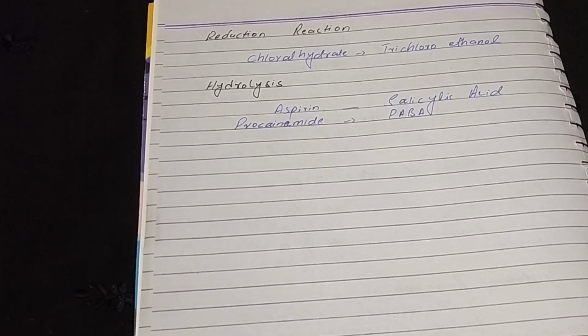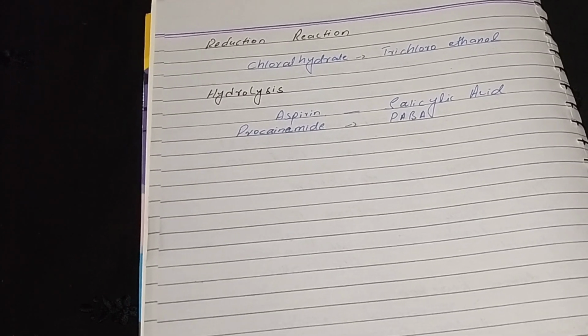For example, aspirin is hydrolyzed by the esterase enzyme into salicylic acid. Similarly, procainamide is hydrolyzed into para-aminobenzoic acid, which is known as PABA, and it is an anti-fibrillatory, cardiodepressant agent.